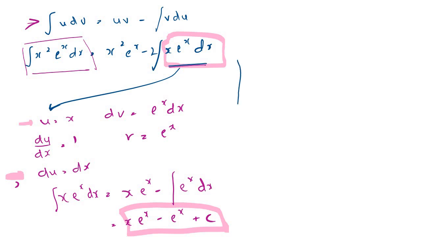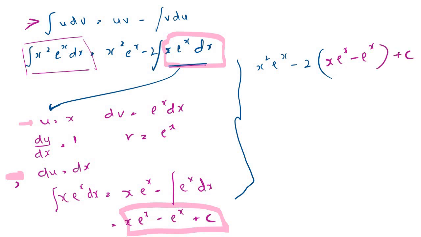If we combine these two together, we will have x squared e to the power x minus 2 times, and instead of this, we write this part over here, in purple so that it will be clearer: x e to the power x minus e to the power x, and we can just say plus c on the side. So that would be the answer for this equation.